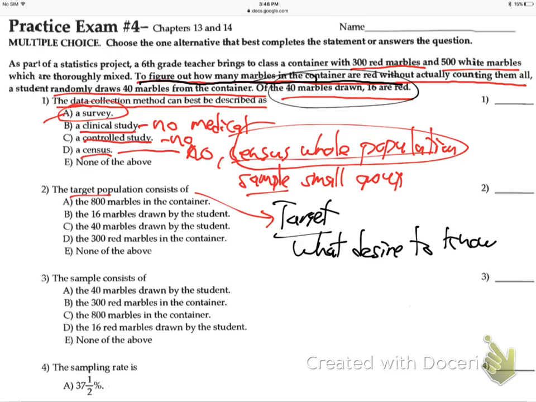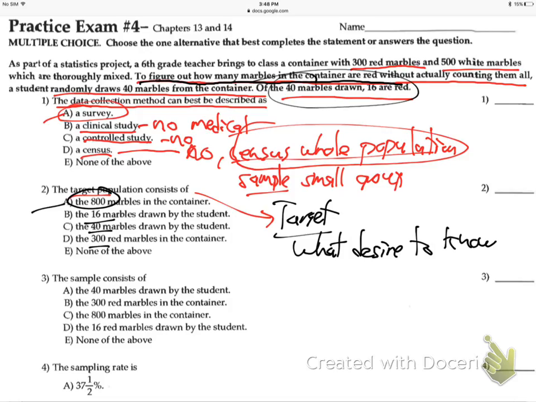So is their target to know something about all 800 marbles? Yes, absolutely. They want to know, of those 800, how many are red, don't they? Is their target the 16? No, the 16 is just the red ones. The 40 is just what they grabbed. The 300 is just part of the whole.